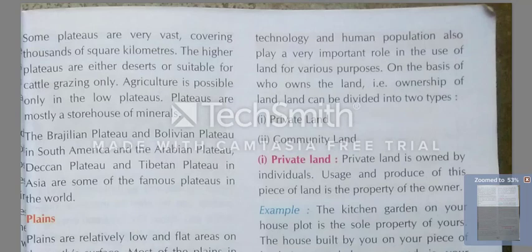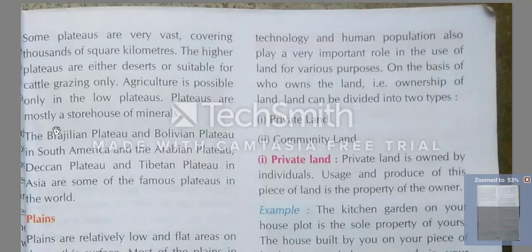Agriculture is possible only in the low plateaus. Here you can see that mostly the plateaus are found in very vast and high places, and agriculture is possible only in the low plateaus. Plateaus are mostly a storehouse of minerals.